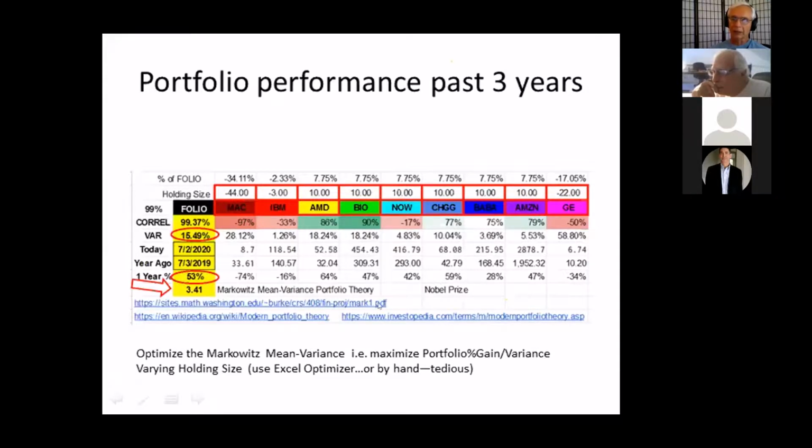Okay, and this is the paper. This is the link to the Markowitz paper on portfolio theory. And he was the Nobel Prize, I guess he won the Nobel Prize for this. And by varying the holding size, you end up with a portfolio that is basically optimized to this variance here.